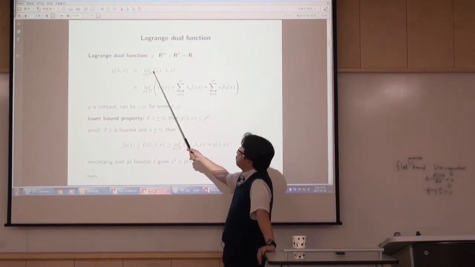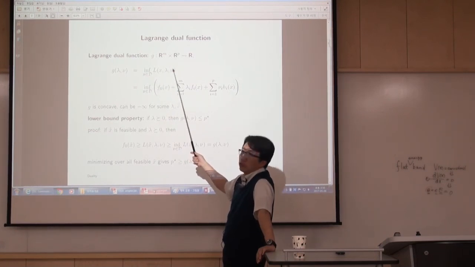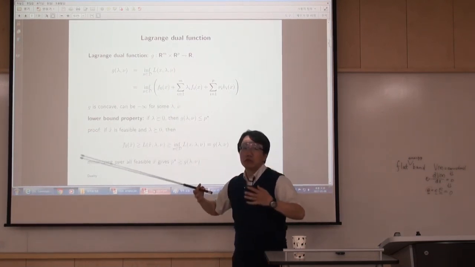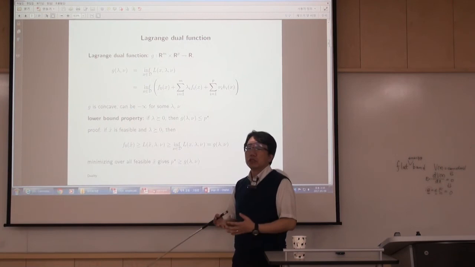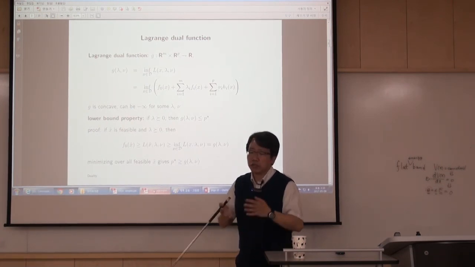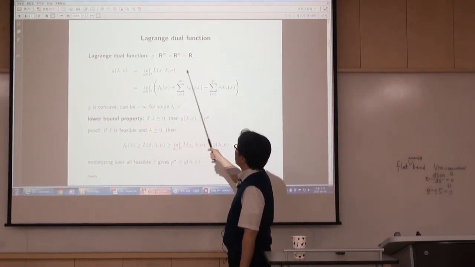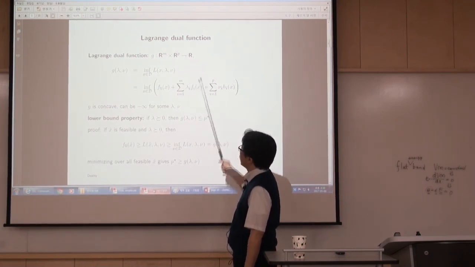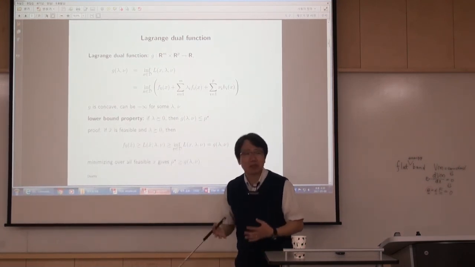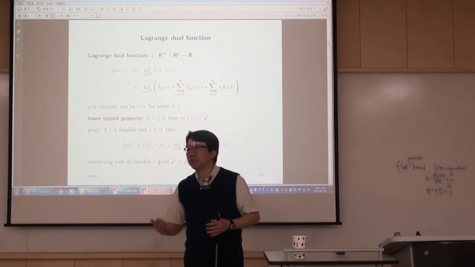What if you infimize over x given lambda and nu? Of course, we want to restrict lambda to be greater than or equal to the 0 vector, and nu arbitrary. Of course, it does not say lambda greater than or equal to 0 explicitly, but it's implied, because we want to find a lower bound.